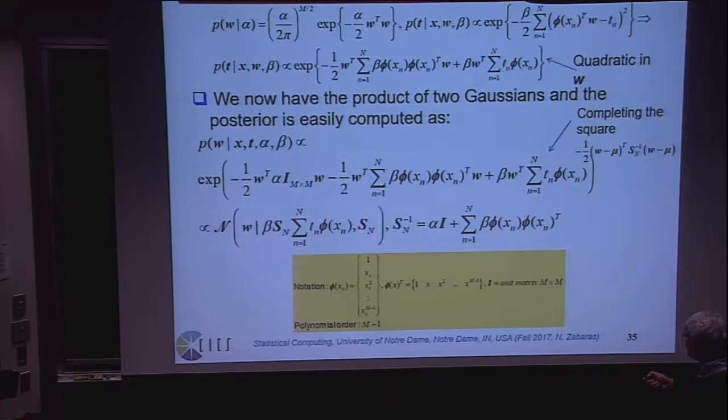The covariance comes to be S_n, where the inverse of that is given by alpha times the identity matrix plus this contribution here, which comes from your basis functions.